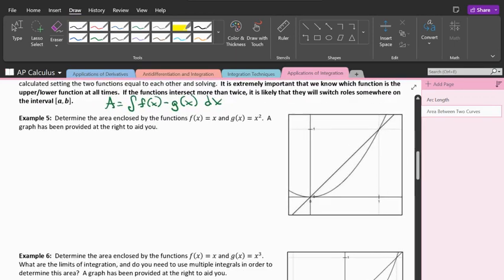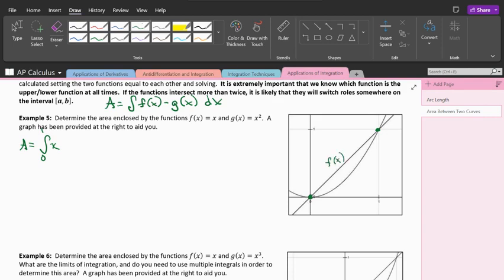Okay, so let's look at example 5, and we're going to determine the area enclosed by the functions x and x squared. Now, we can see from here that the graph intersects at 0 and 1, so those are going to be our limits of integration. And we have simply that area is going to equal the integral from 0 to 1 of x, because that's my upper function.